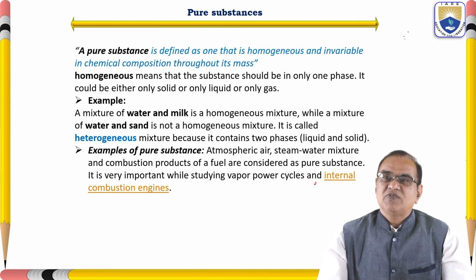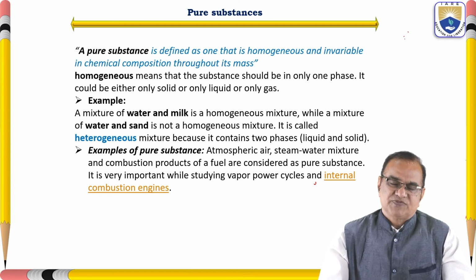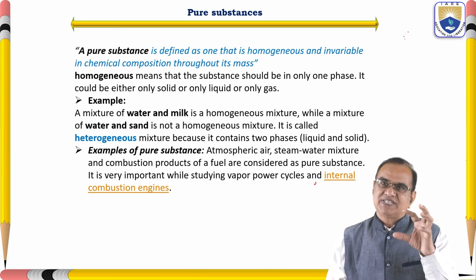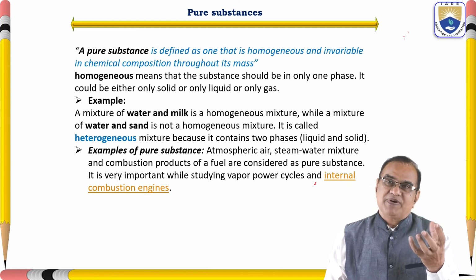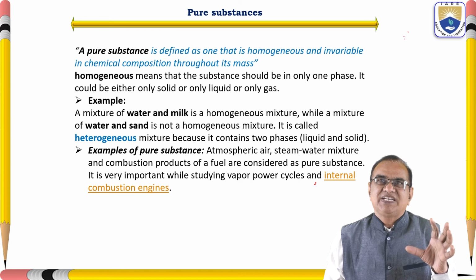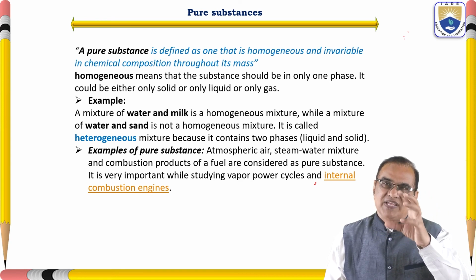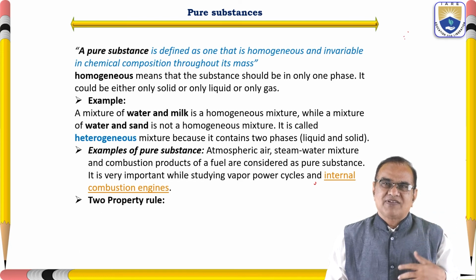It is very important while studying the vapor power cycle and the internal combustion engine. So whenever we are studying, we are assuming that the mixture of water and its vapors are in the same state. They are pure substances. The fuel and the air burning is also treated as a pure substance.